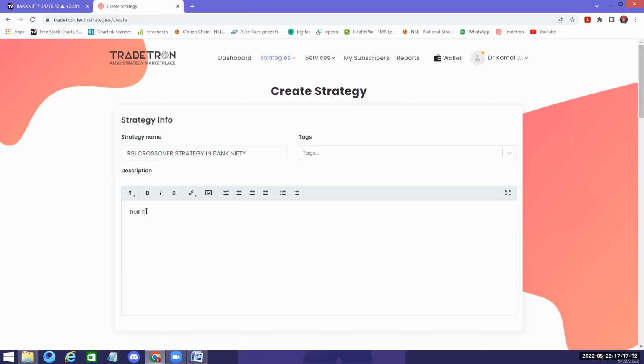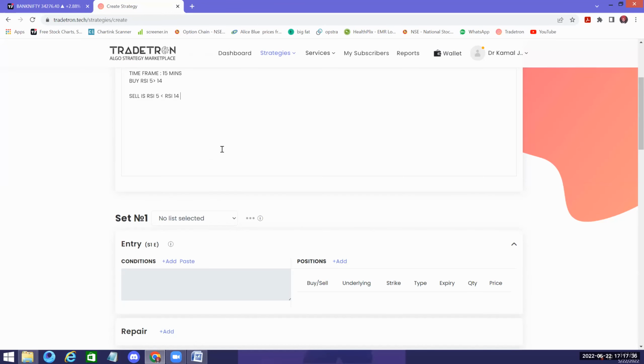The time frame we are using is 15 minutes, and for buy, RSI 5 should be greater than RSI 14, and for sell, RSI 5 should be less than RSI 14. Simple. This is our entry condition. This is also our exit condition.